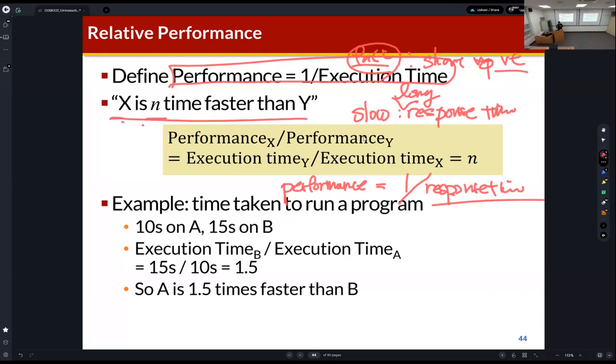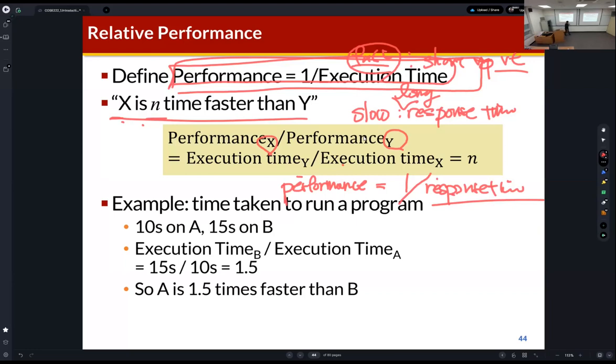We can say X is n times faster than Y, which means the performance of computer X is n times higher than the performance of computer Y. So performance of X divided by performance of Y. Since performance is the inverse of execution time, it is equivalent to the execution time of computer Y divided by the execution time of computer X.